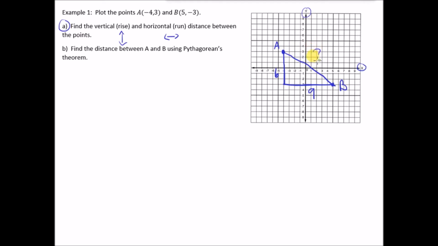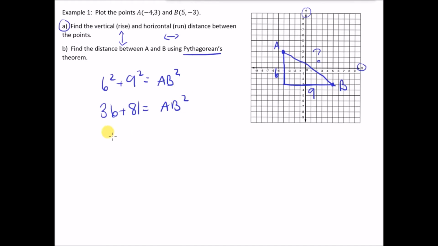We actually don't know what the length of the line segment AB is, but we can find it using Pythagorean's theorem. So let's do 6 squared plus 9 squared equals AB squared. I get 36 plus 81, and that's going to equal AB squared, AB being the line segment.